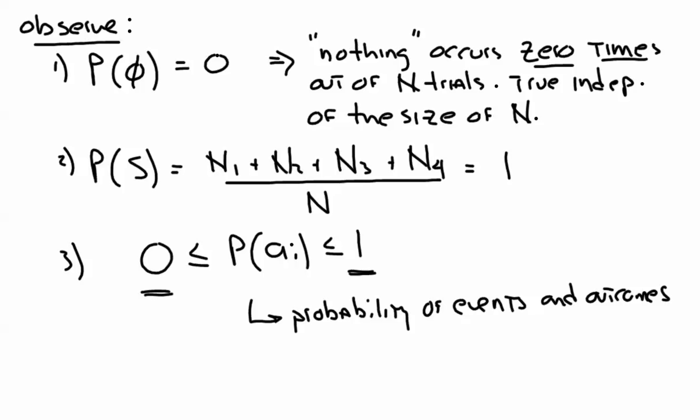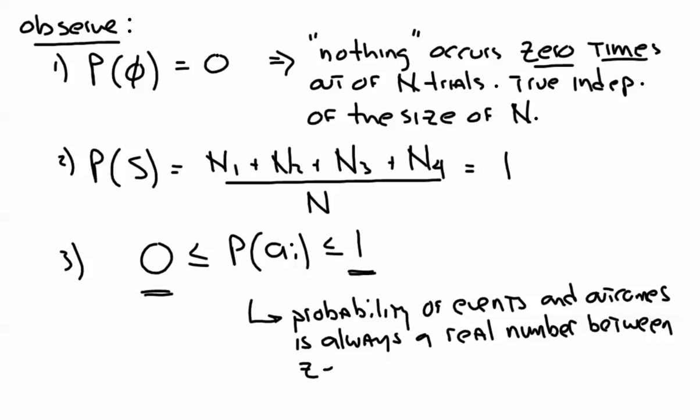Probability of events and outcomes is always a real number between 0 and unity in all cases.